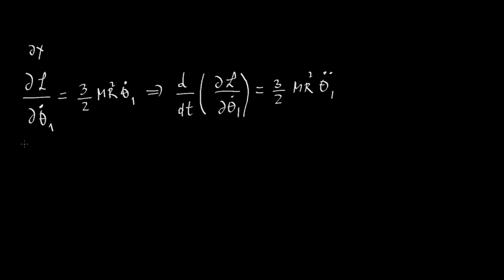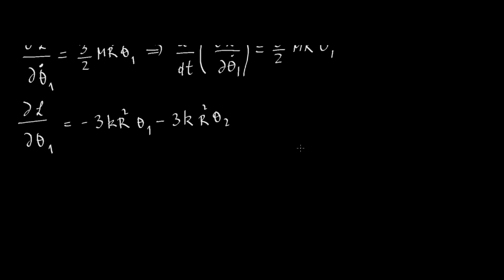And finally, the derivative of the Lagrangian with respect to theta 1 is in our case minus 3k r squared theta 1 minus again 3k r squared theta 2, which implies that the second equation of motion of our mechanical system is 3/2 m r squared theta 1 double dot plus 3k r squared theta 1 plus 3k r squared theta 2.